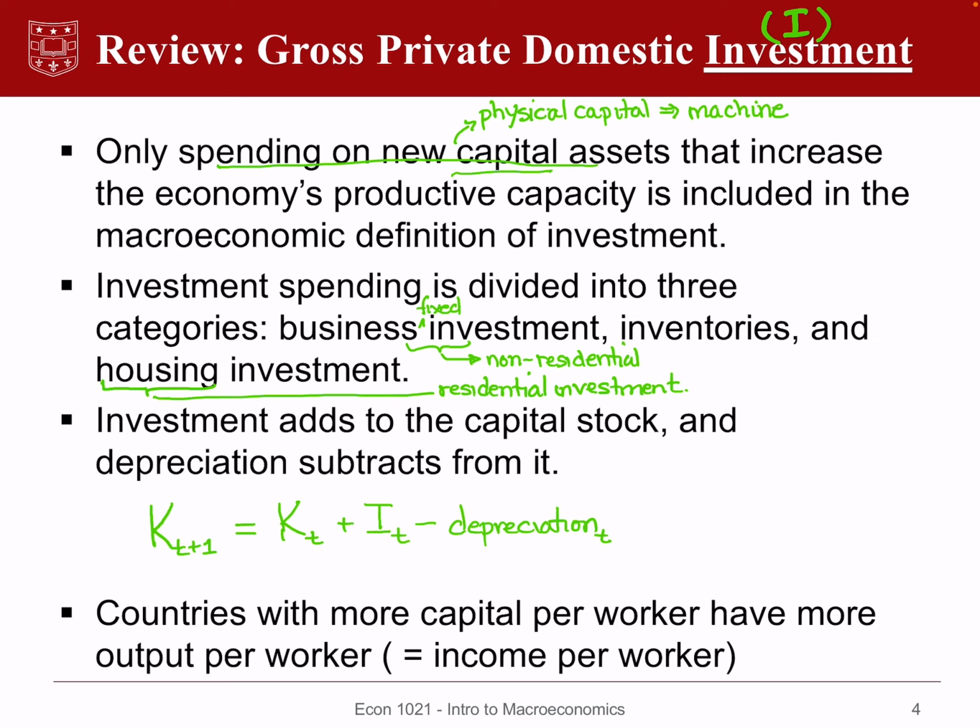If we have a chance to get into the material in Chapter 10 at the end of the semester, we'll play with this equation a little more. It is important to note that countries that have more capital per worker have more output per worker. Output is gross domestic product, but we can also think about it as a measure of income.